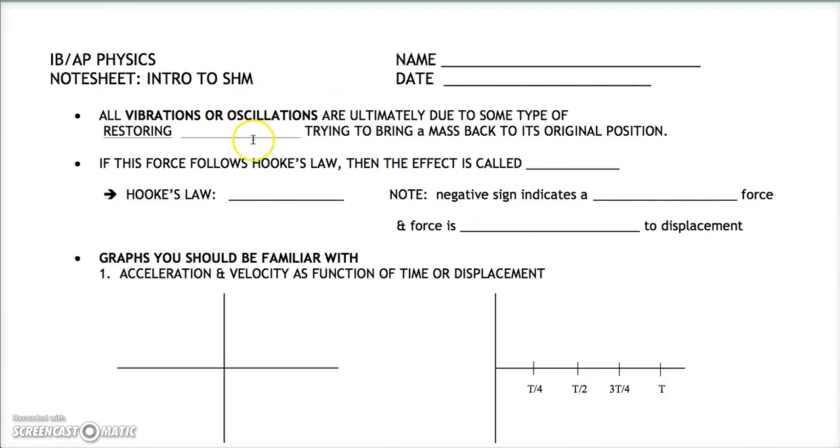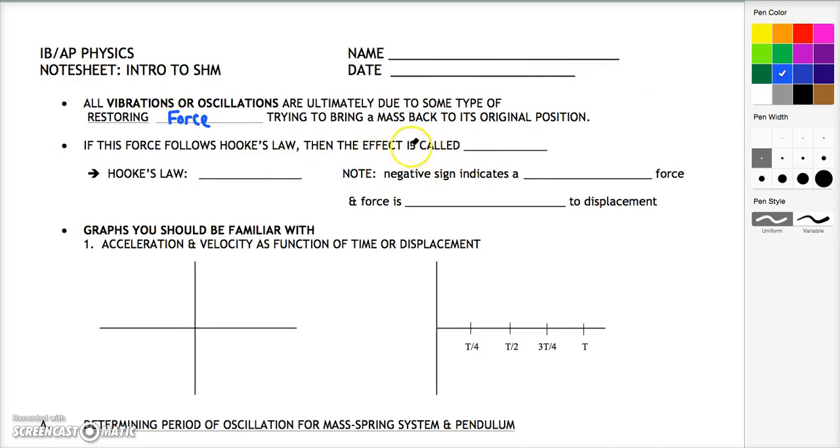All vibrations or oscillations are ultimately due to some type of restoring force, and that force is trying to bring the mass back to its original position. If the force follows Hooke's law, we say that the spring is a Hookean spring.